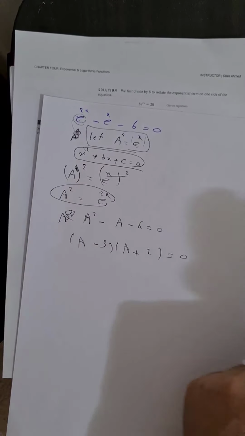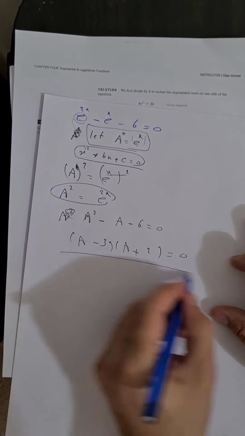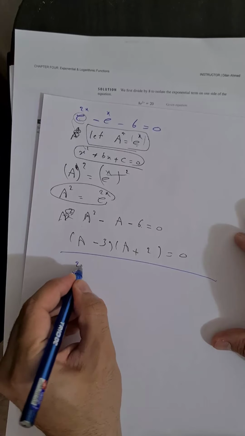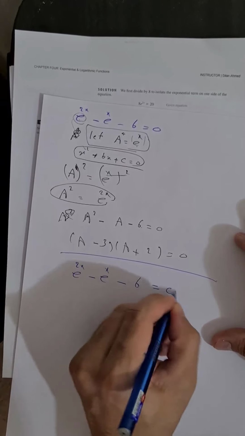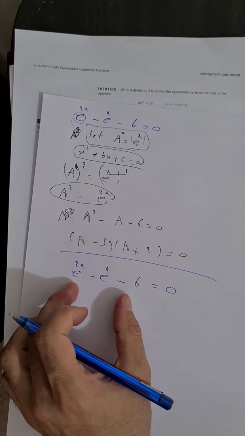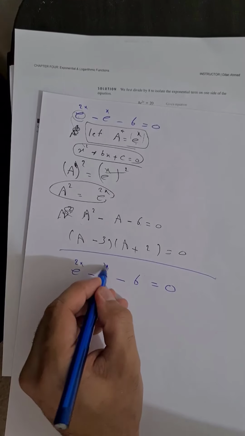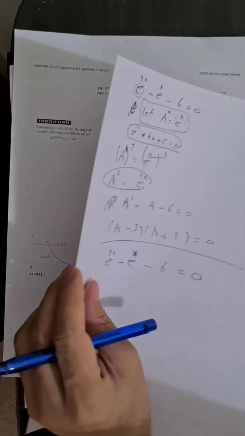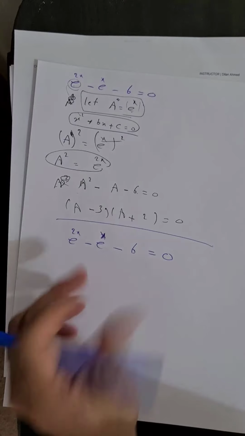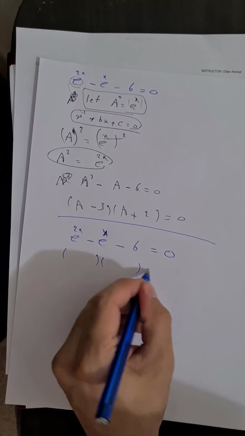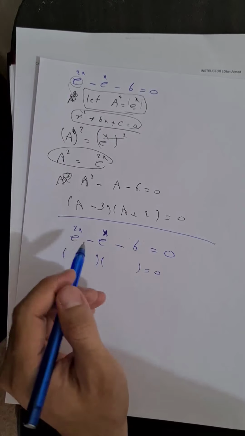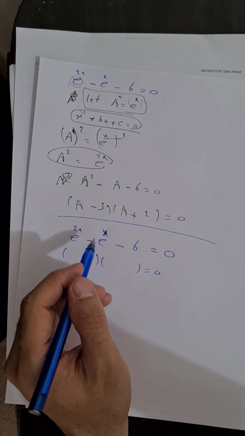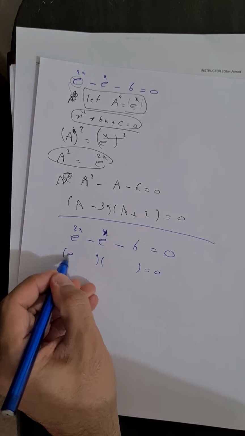So if you want to solve e to the power 2x minus e to the power x minus 6 is equal to 0, because I have an exponential equation, I cannot use ln directly on both sides like in the previous examples 1 to 3. No, in the fourth one you should first try to solve this trinomial, these three terms, in e to the power x.